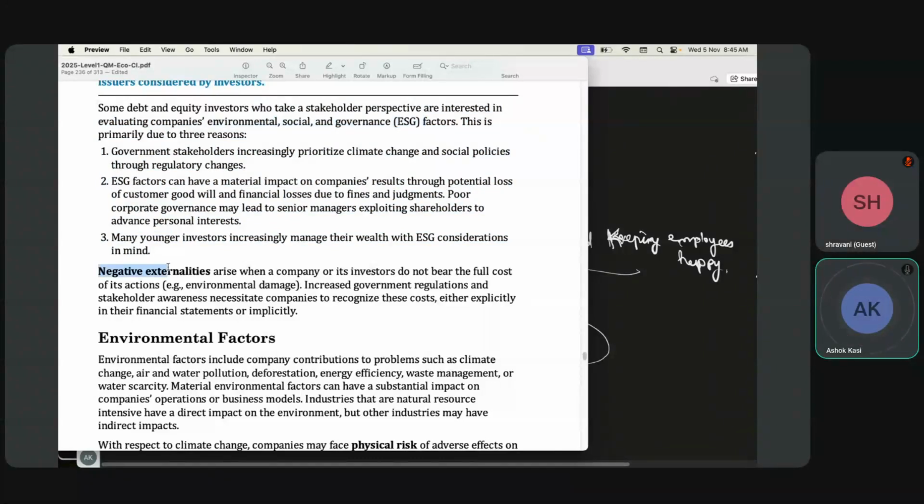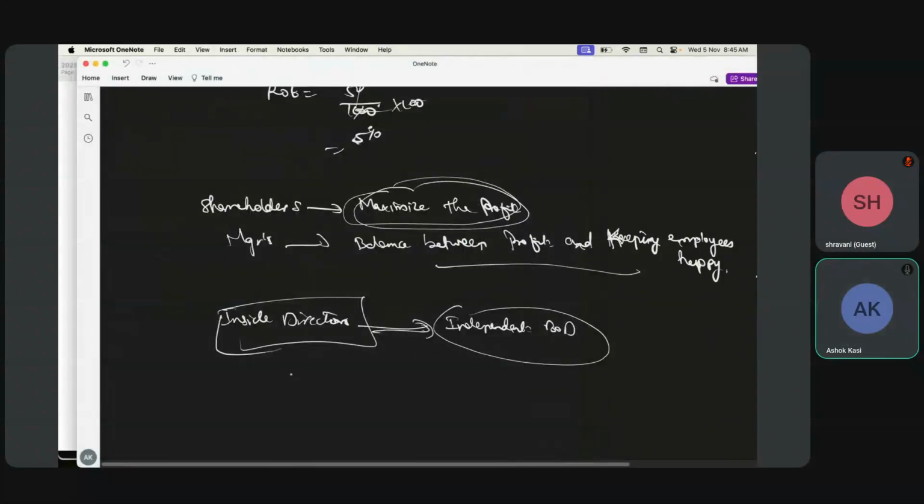Now, negative externalities arise when a company or its investors do not bear the full cost of its actions. Say for example, imagine there is a village. Now there is a factory over here, and the factory is releasing some harmful chemicals into the river.